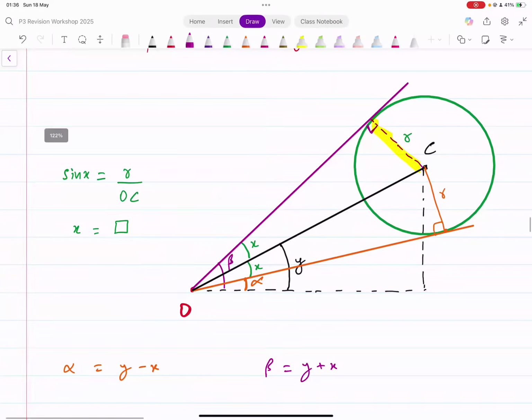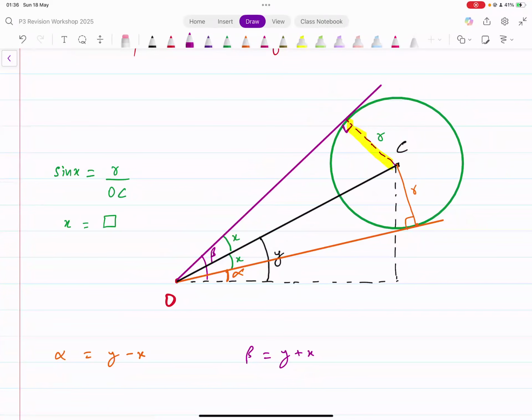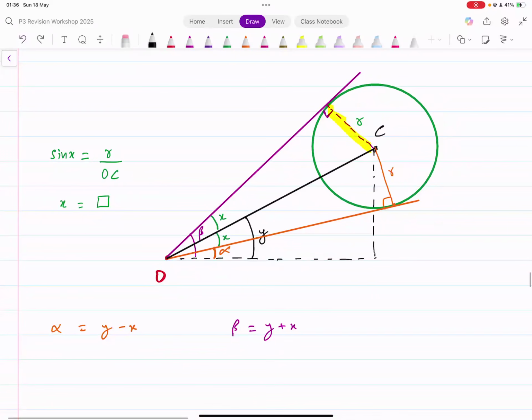You would have some lengths, like you'll have radius there, you'll have this distance from O to C. You can use that to find some angles. Similarly, you'll have the point C, you'll have the point O. You can also make a right angle triangle like this, and that will give you some lengths as well, some angles as well. Okay, so you can use those properties to find this.